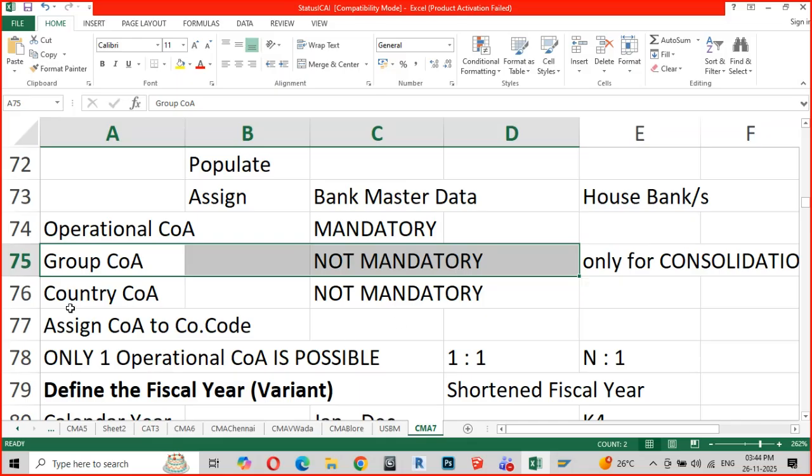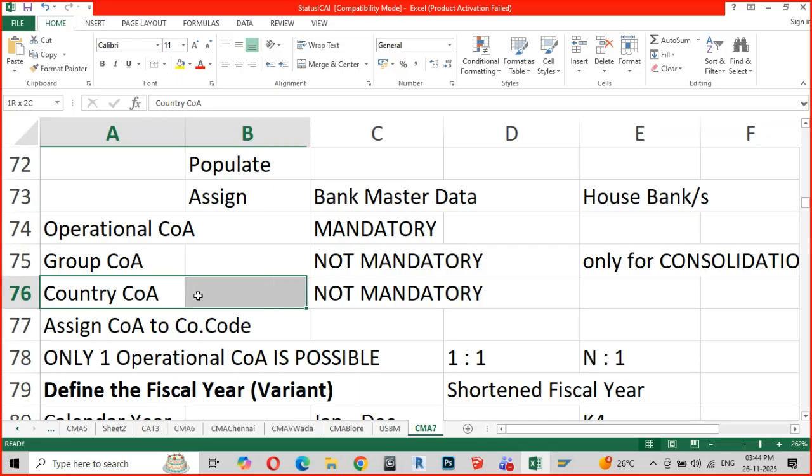Similarly, your country chart of accounts. Even this is not mandatory. It is mandatory only and only when there is a deviation from the normal accounting principles.